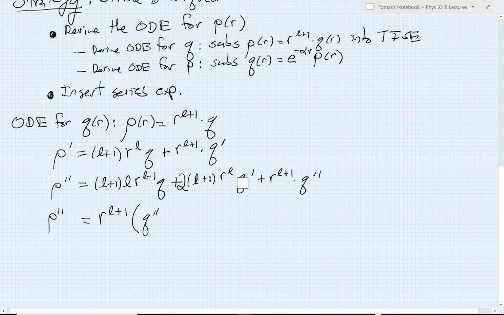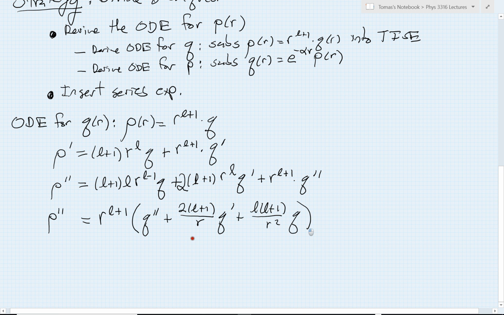My next term with the Q prime has these factors, but it's only R to the L. So therefore, if I factor out L plus 1, I have a 1 over R left over. So there's going to be 2 times L plus 1 divided by R times Q prime. So that when I multiply this out, I recover my R to the L. Let me just make sure I write that as an R to the L a little more clearly. And then finally, I have my last term. It's really R to the L minus 1, so it's going to have an R squared in the denominator. So this will be plus L times L plus 1 all over R squared, and that then is multiplying my Q.